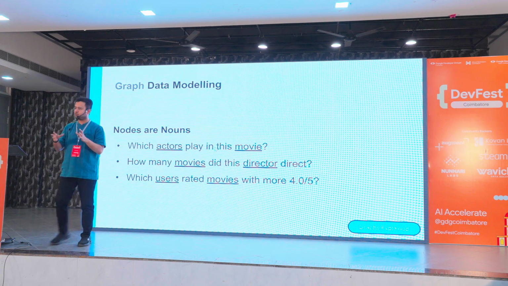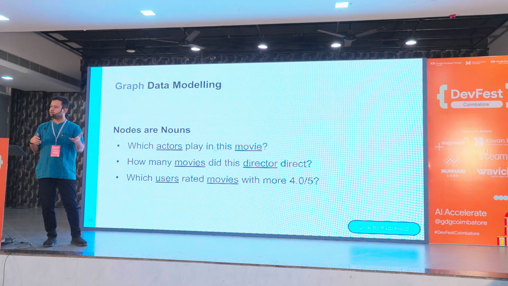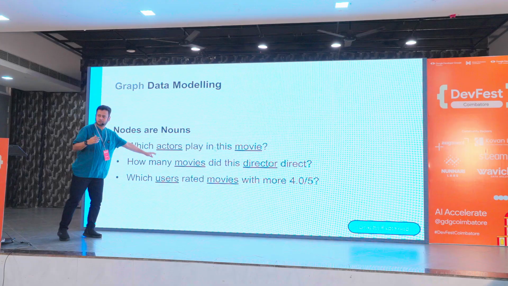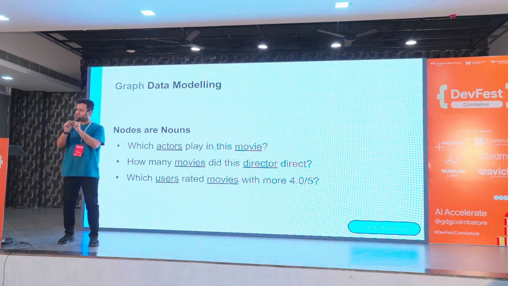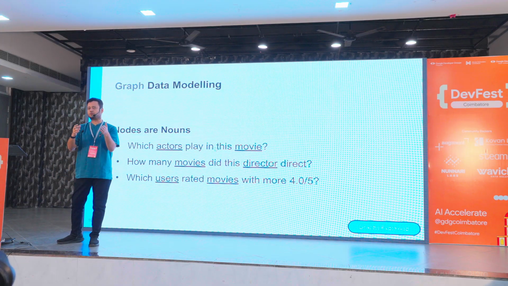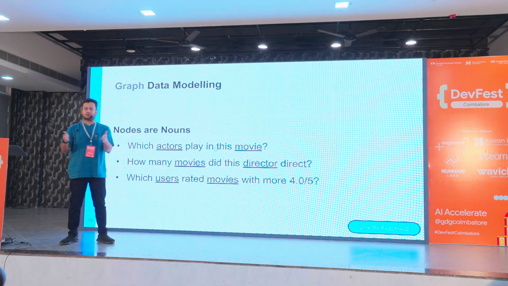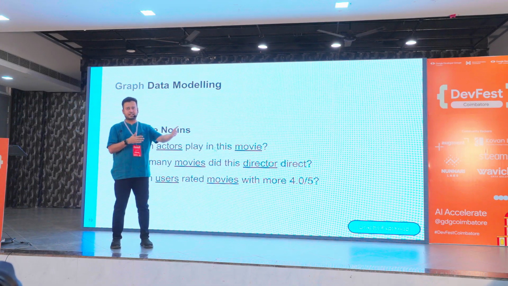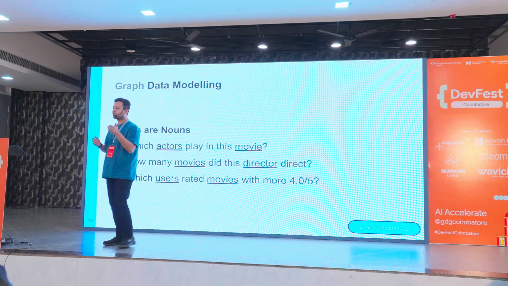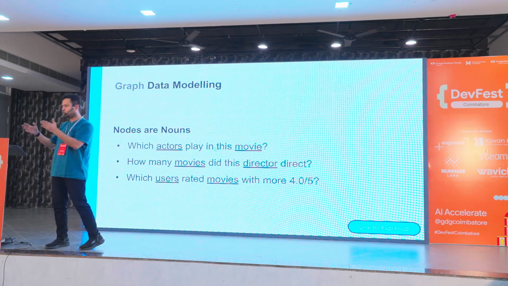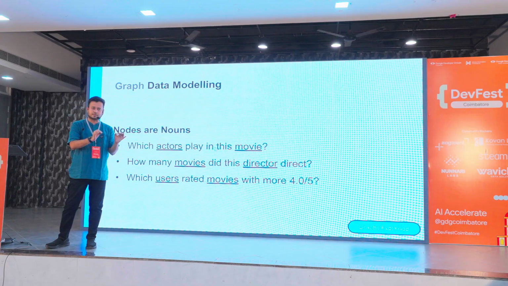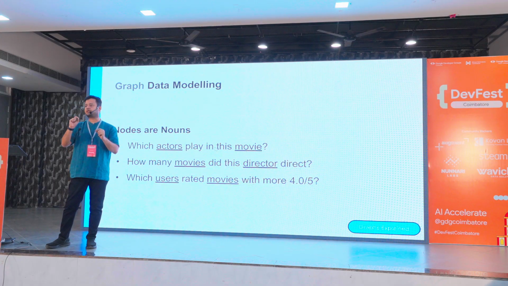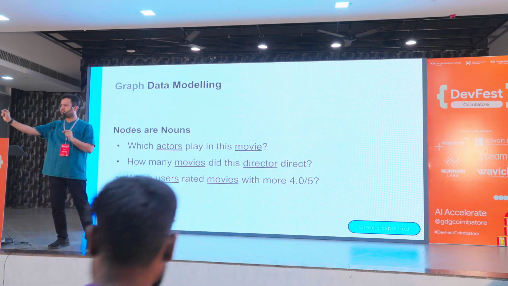But is it a noun or is it a verb? Noun. So all the nouns in a sentence, once you translate into a graph database kind of a structure, all your nouns will become a node. All your verbs in the sentence will become relationships between 2 sets of nouns.